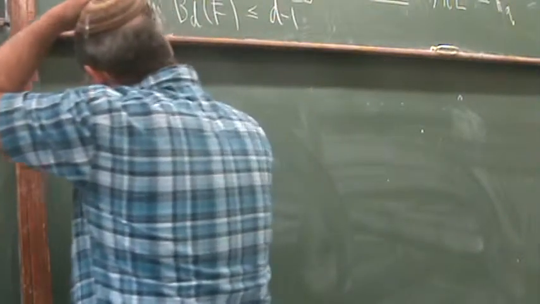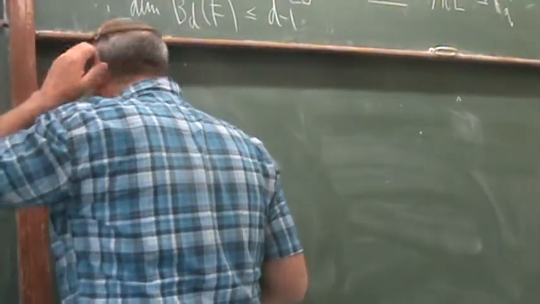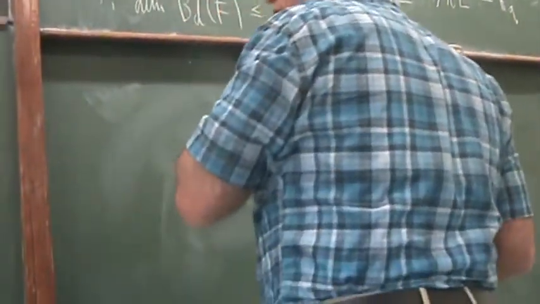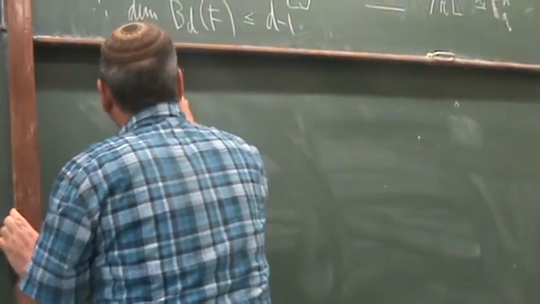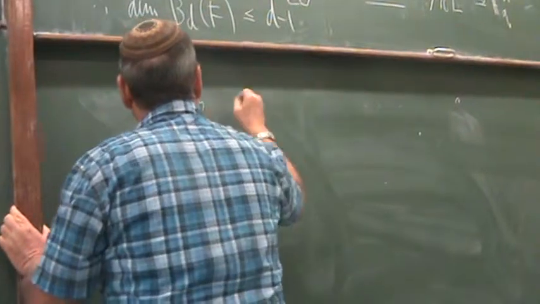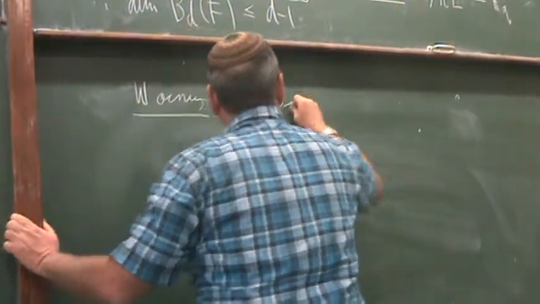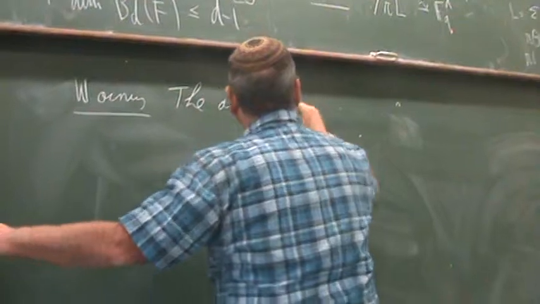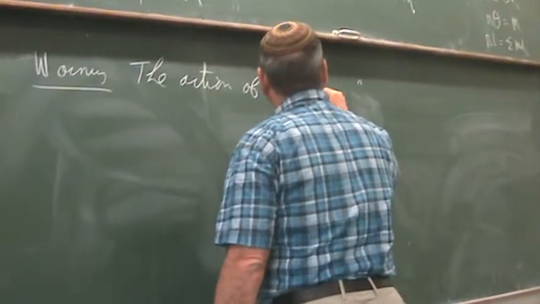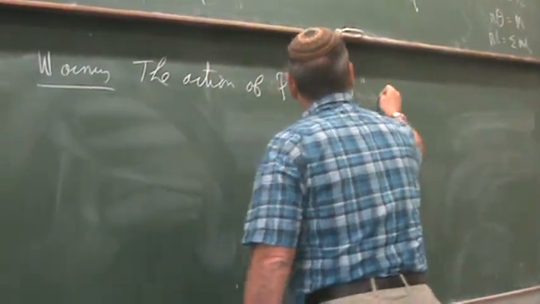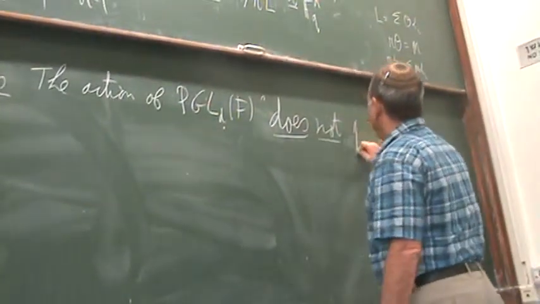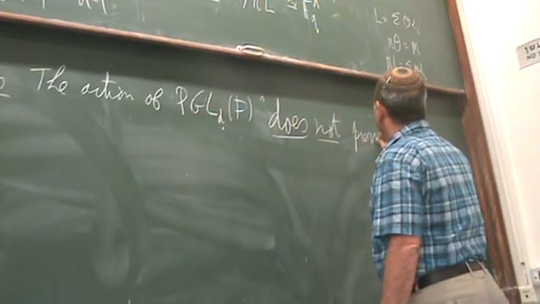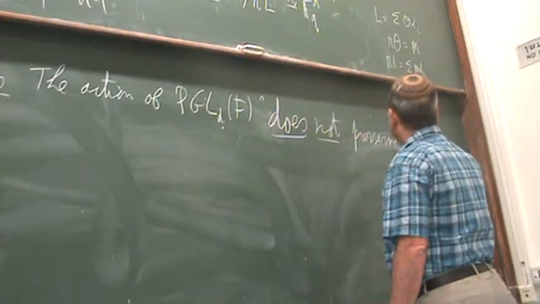And here we have to be a bit careful. It's a little bit technical, but I want to do it because we will need it at some later point. Let's see what happens. So, warning: the action of PGL_d(F) does not preserve the coloring, does not preserve tau.